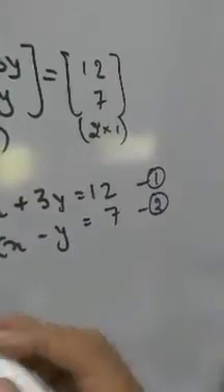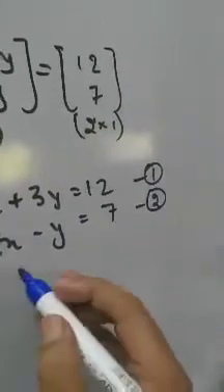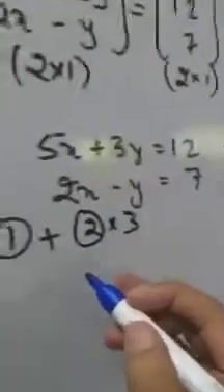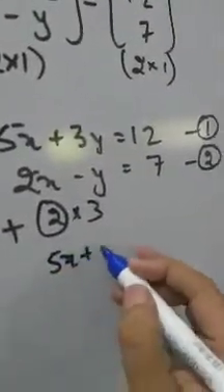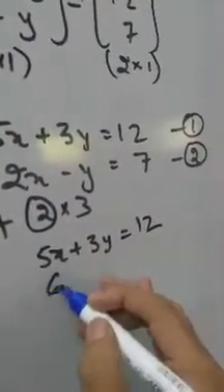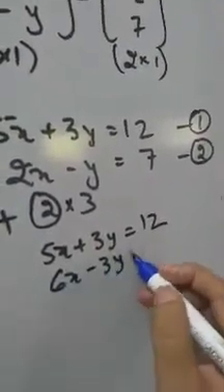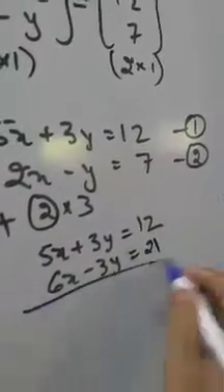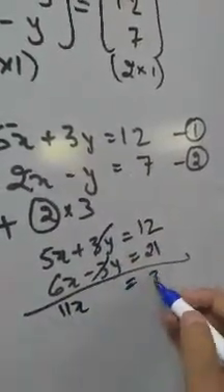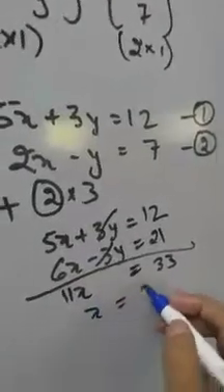So what I will do 1 plus 2 into 3. So 5x plus 3y is equal to 12 and now it is 6x minus 3y is equal to 21. So now you add, it is cancelled. So 11x is equal to 33. So x is equal to 3.